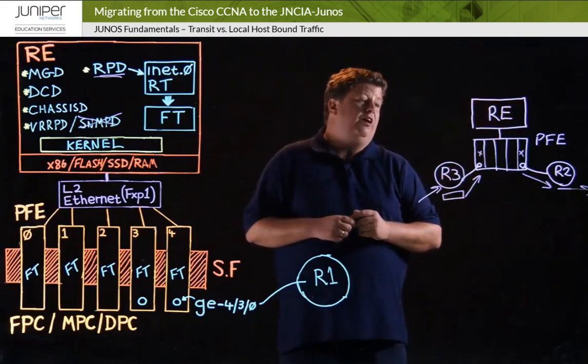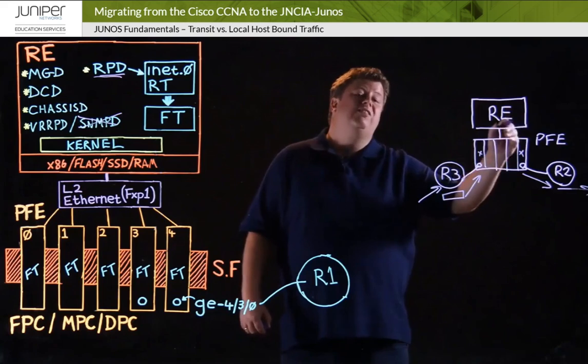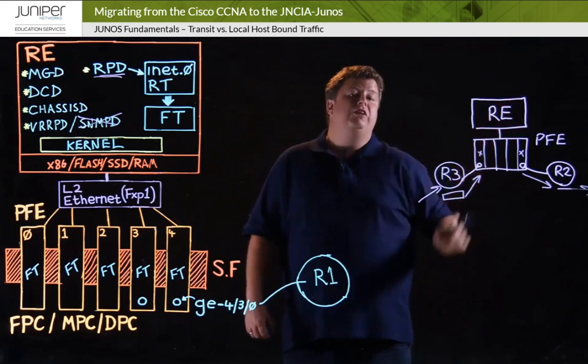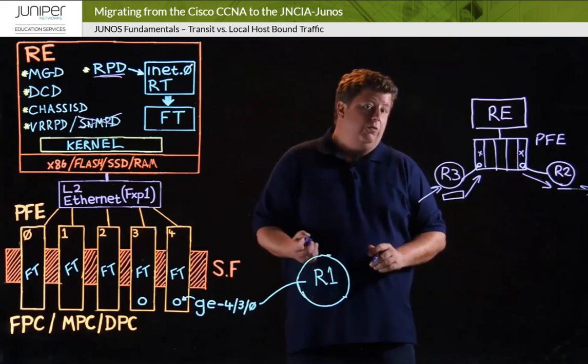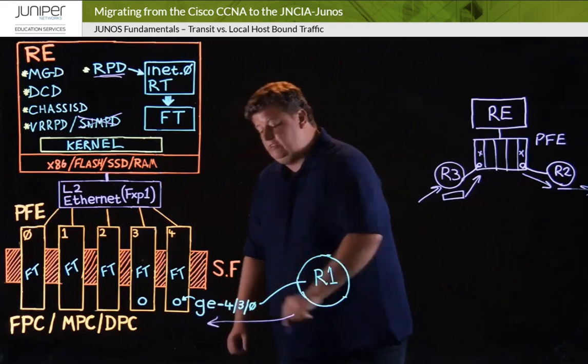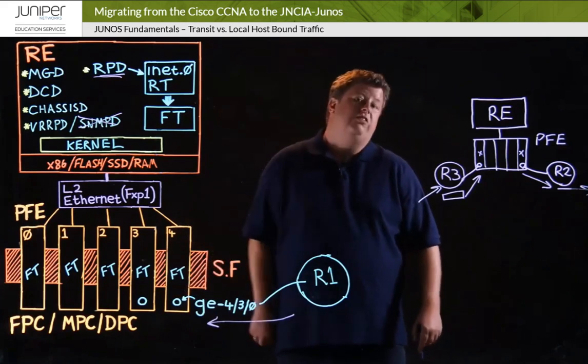The other main type of traffic, though, is traffic that we might consider host traffic, or requires some handling by the host, and often that means the packet going up to the routing engine itself. Let's think about a neighbor down here. Let's say we've got an OSPF neighbor forwarding in an OSPF hello on this interface, our GE430 on this line card in our system.